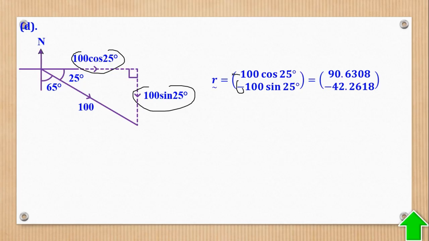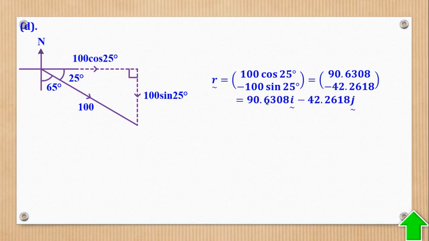That's why you see positive horizontal, negative vertical. So now here, when we use a calculator, we shall get the value, but the value must be to 4 decimal places. Then you can write in ij form, and that's what they wanted. So what you have learned is called resolving a vector.